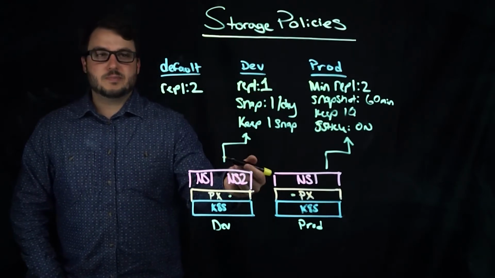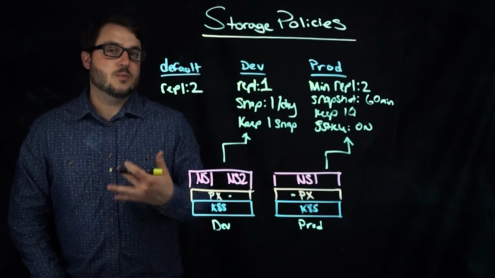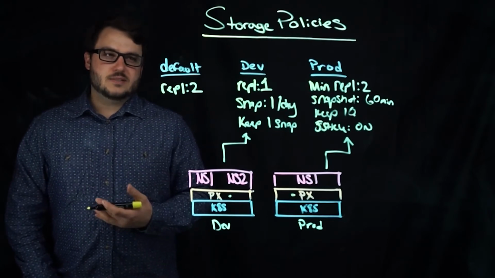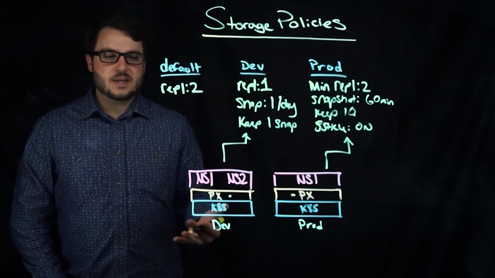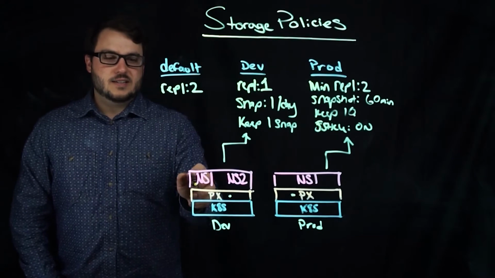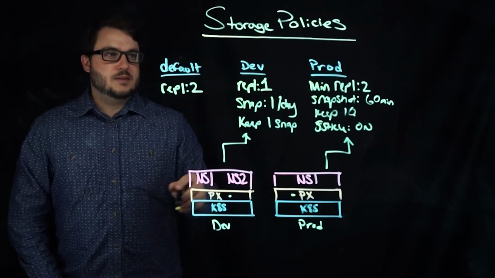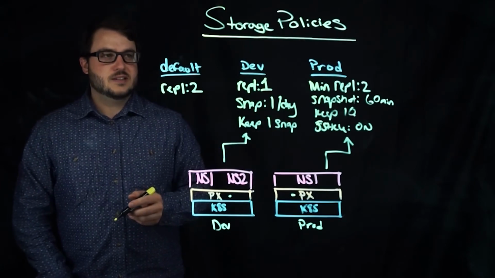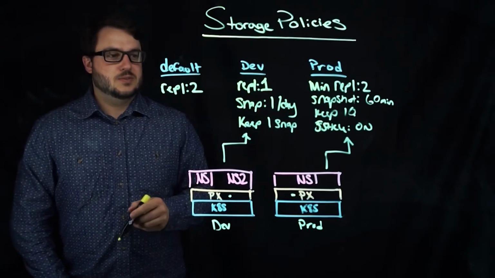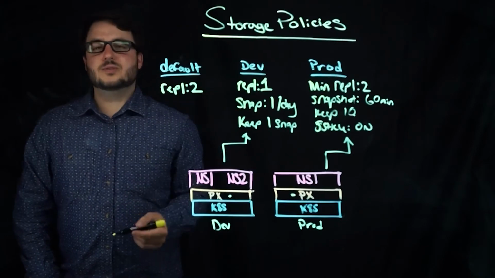So you can create storage policies, but then you have to set what is the default. So in development, it probably makes sense to have the default storage policy point to dev and the production storage policy set to production. Now, what would you use default for?